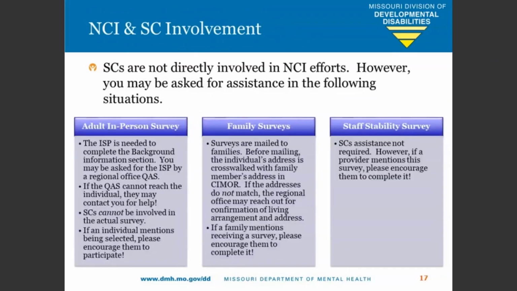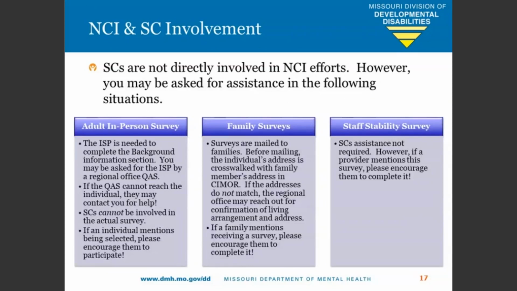Okay, so now that we have talked about what NCI is and how we use it, I want to go over situations in which support coordinators may be asked to help.